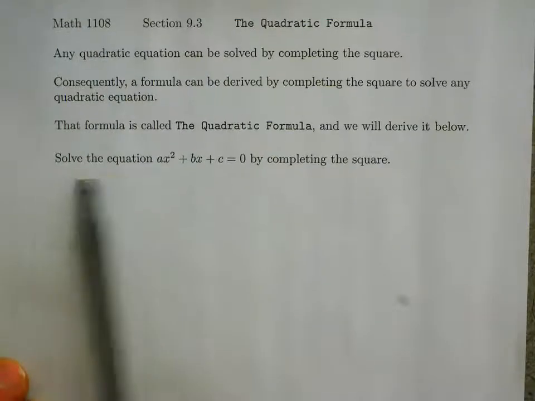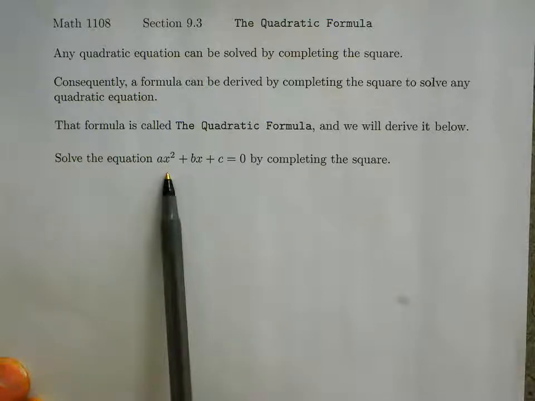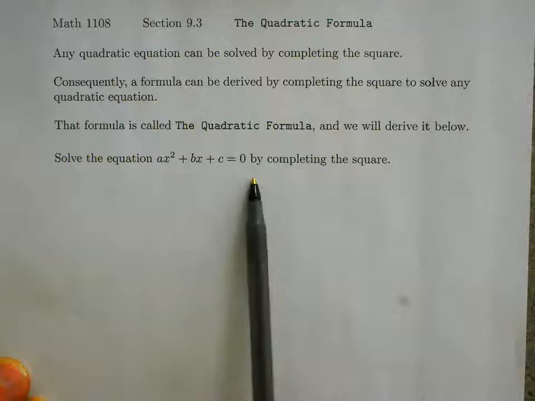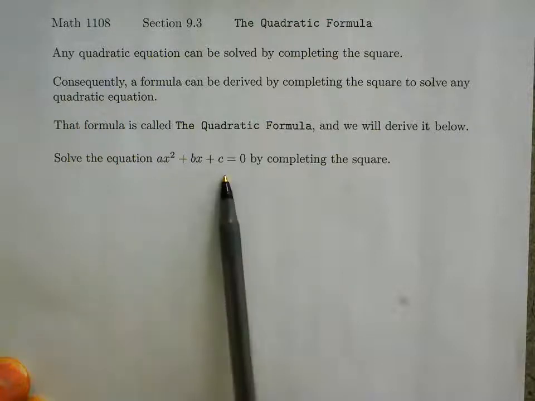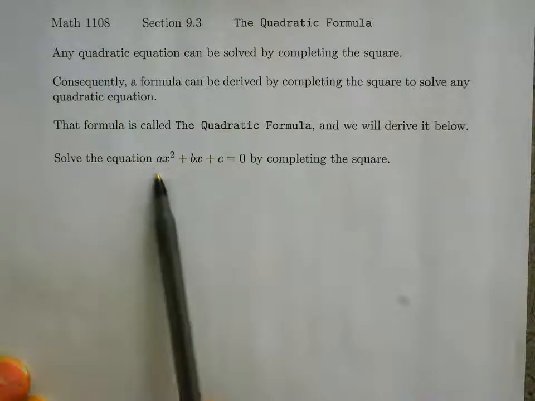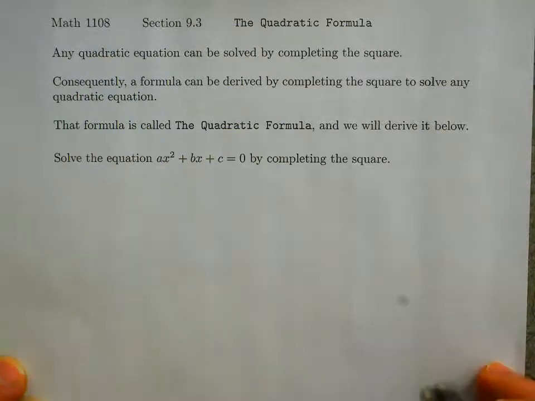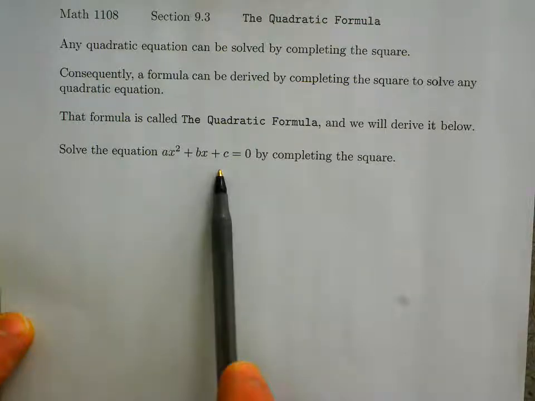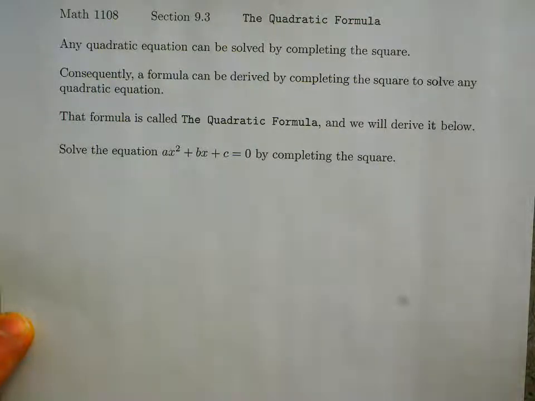So if we begin with the equation ax squared plus bx plus c equals 0, where a, b, and c just represent real numbers, the variable is x, and also a cannot be 0, we can solve this by completing the square, and the result is called the quadratic formula.